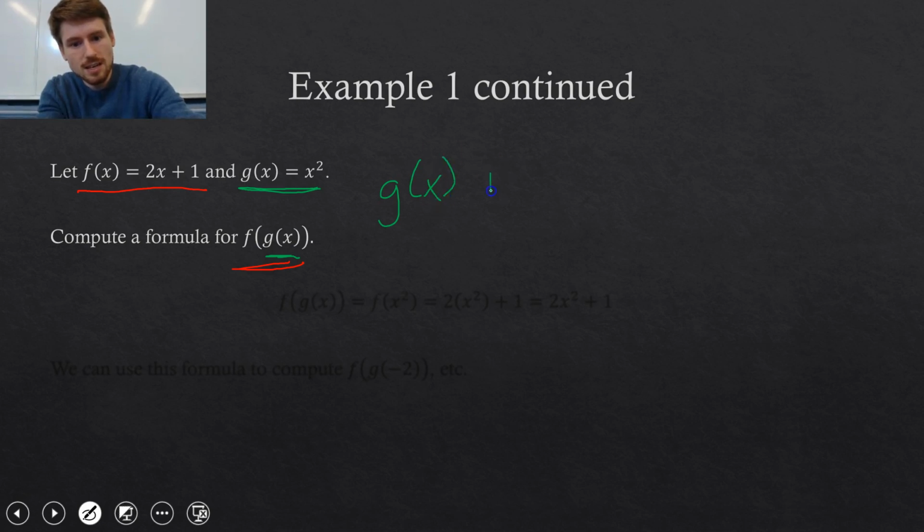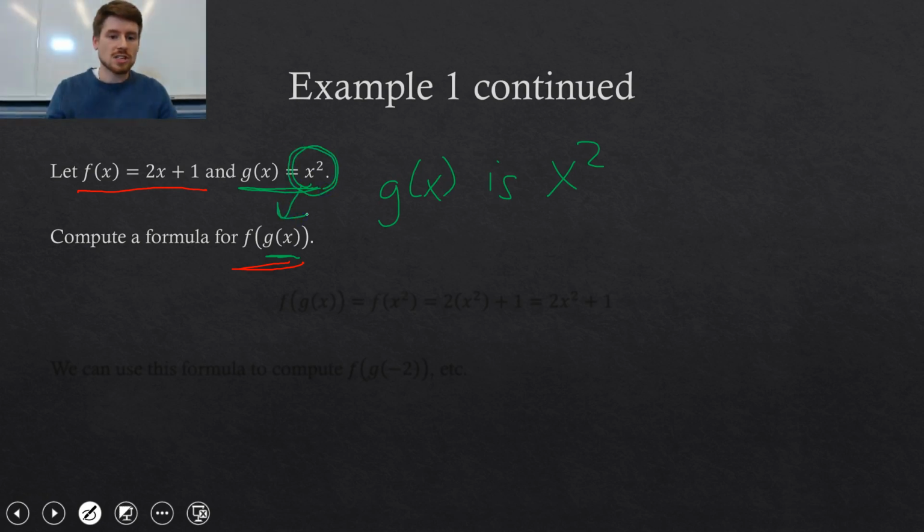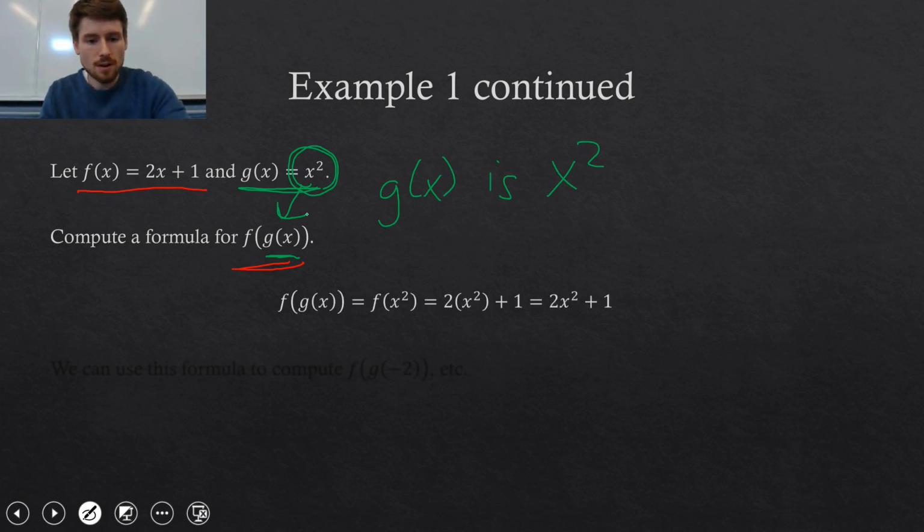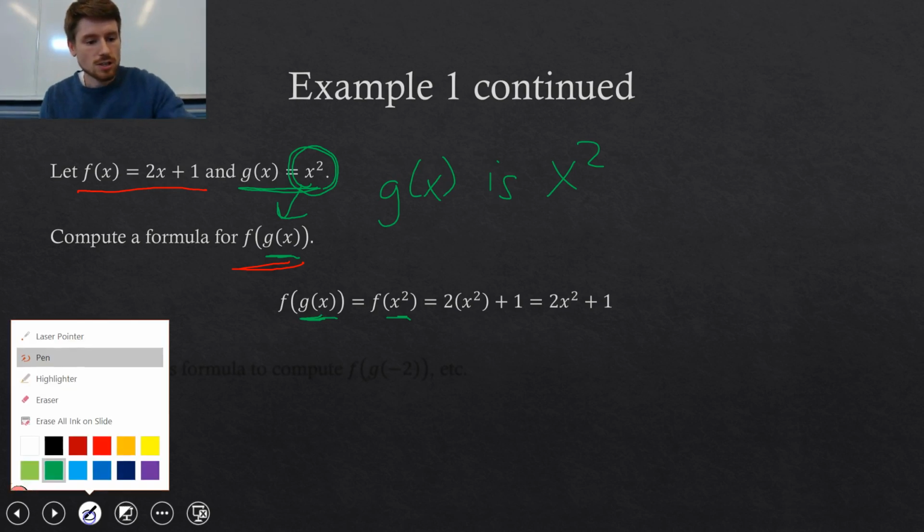That means we take this thing over here and substitute it in for g of x. So that becomes f of x squared. You can see g of x gets taken out, and what it equals, x squared, is put in its place. Now we have to put x squared in wherever we see x in the function f.